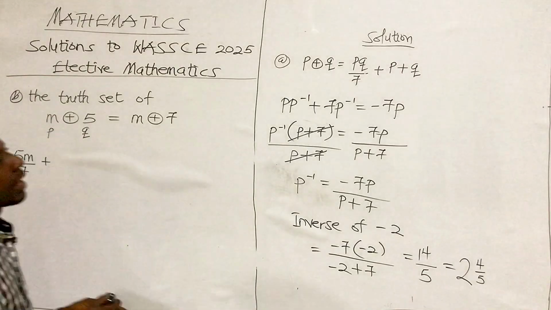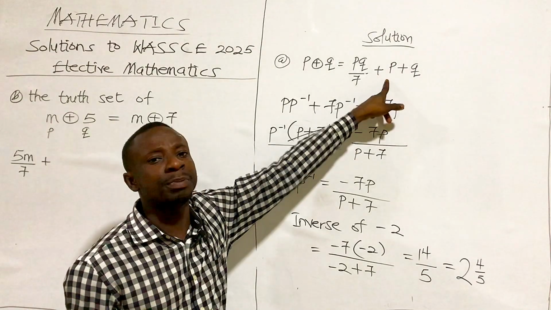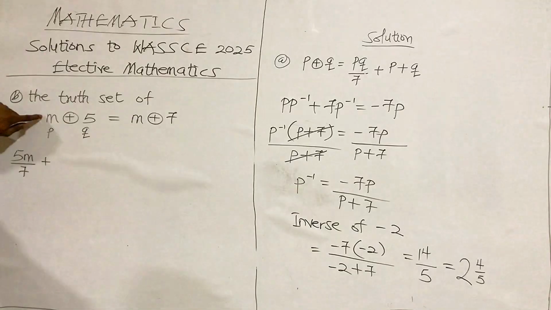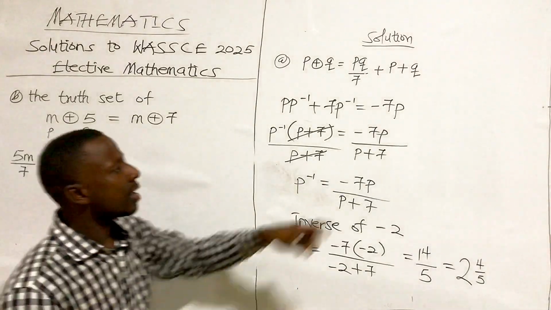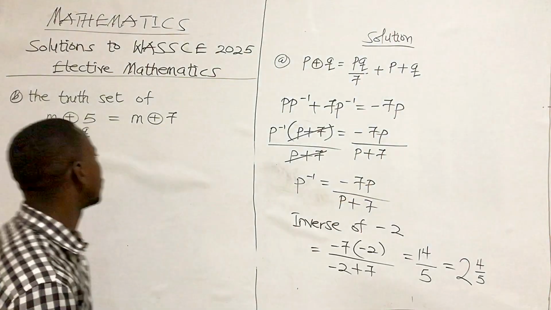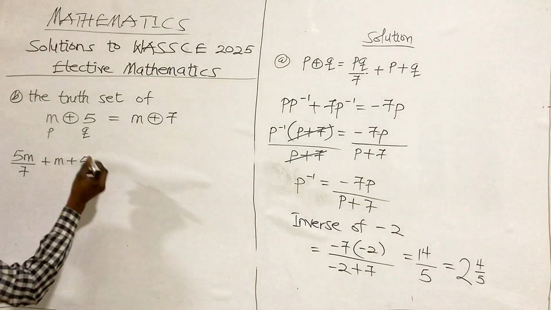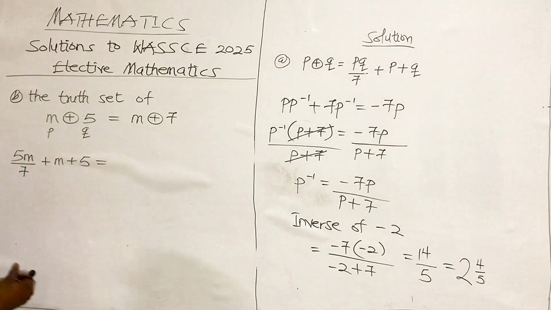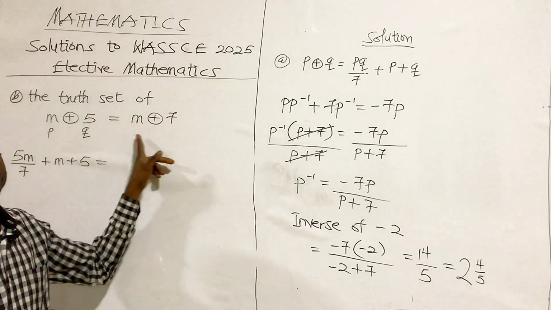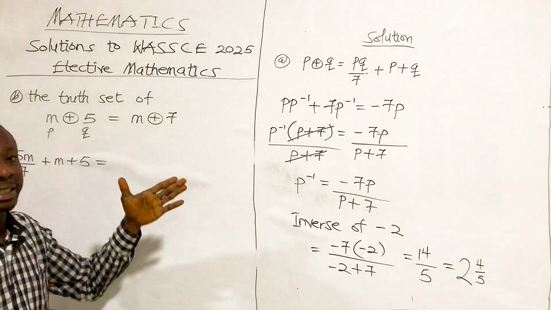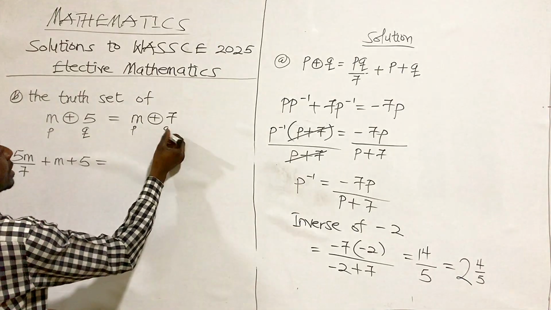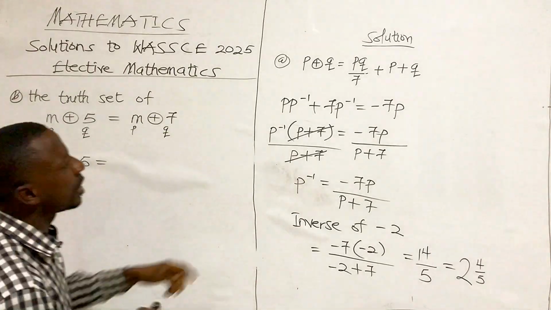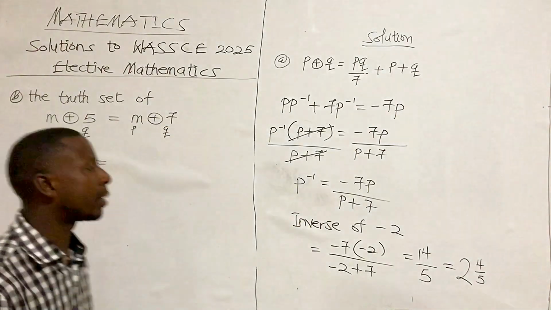Plus, the next item is P. But here now P is M. So plus M. Plus Q from here, so here plus 5. Which is equal to, we are going to deal with this one in the same way. So this is my new P, this is my new Q. So here we are also going to multiply.